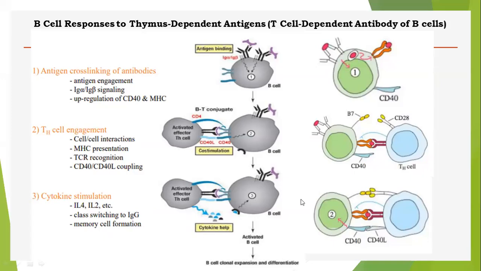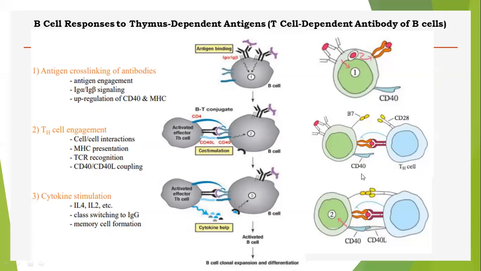So in our previous lecture, when we talked about B cell and T cell interaction, we did not talk much about the B7 and the CD28 binding, of which we talked about this particular binding when we talked about the other APCs such as the macrophages and the dendritic cells.